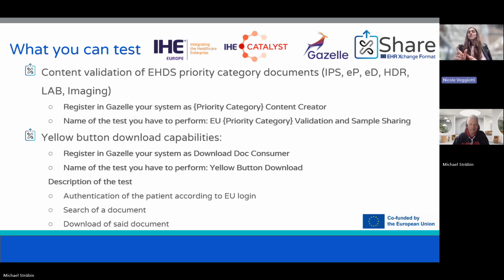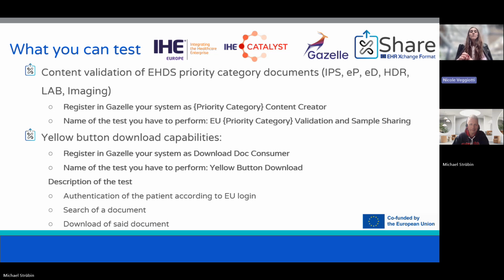The actor is your priority category, patient summary for example, content creator. We will see it later in the demo, but it's important for you to know it. And the name of the test that you will have to perform is the following: EU priority categories, for example, patient summary, validation, and sample sharing.